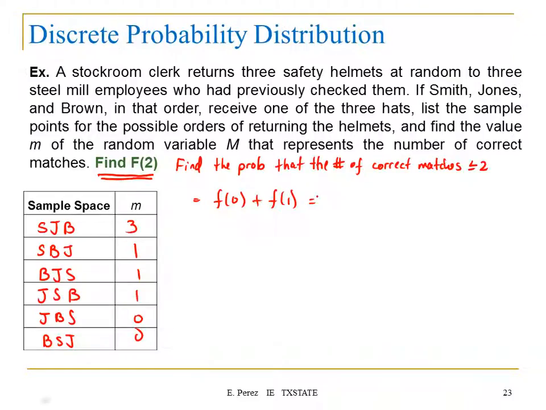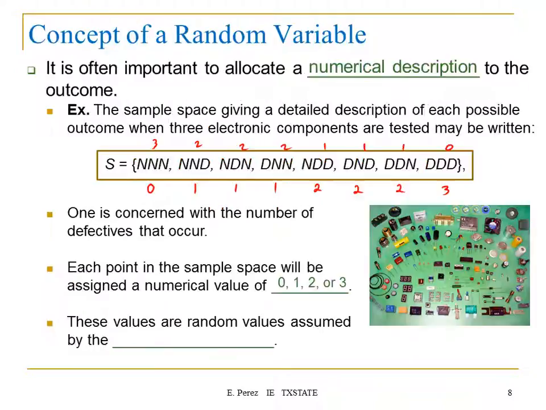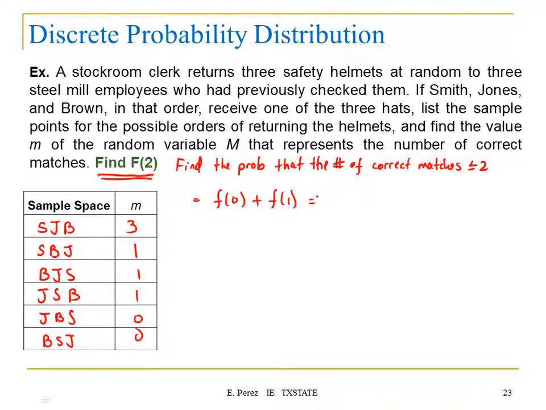So you have 6 outcomes in your sample space, right? From these 6 outcomes, only 2 are equal to 0. So the probability of being 0 is defined by 2 over 6. Does that make sense?